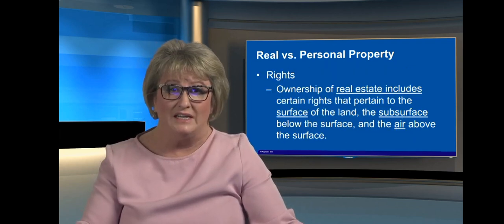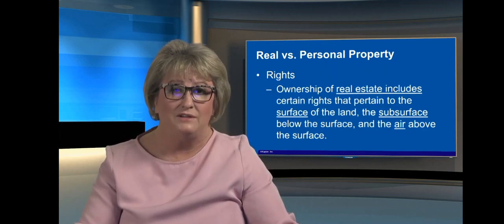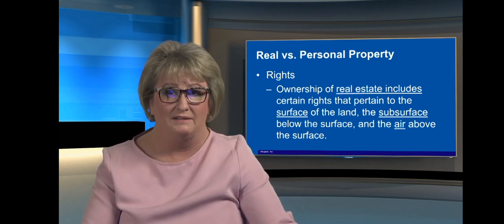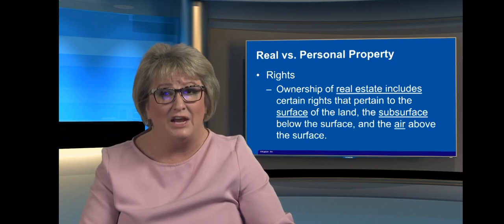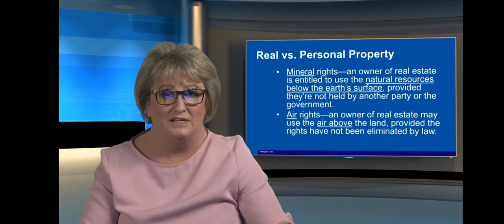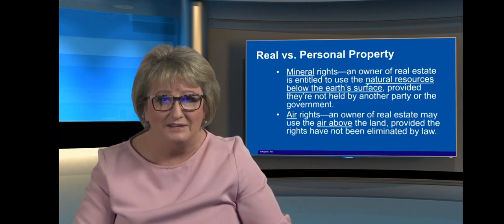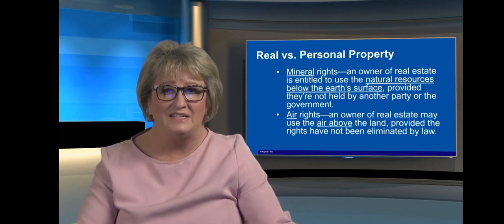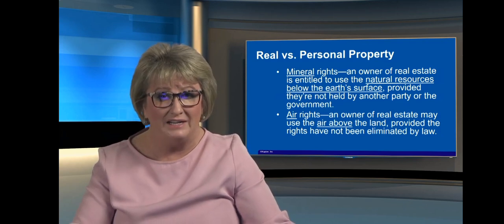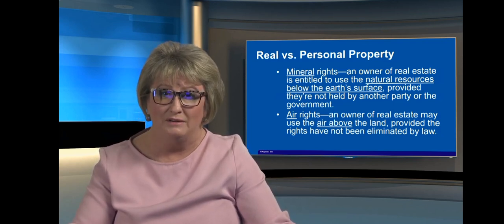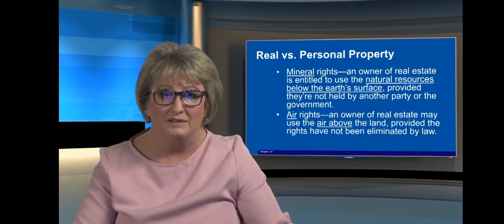Ownership of real estate includes certain rights that pertain to the surface of the land, the subsurface below the surface, and the air above the surface. Mineral rights: an owner of real estate is entitled to use the natural resources below the Earth's surface, provided they're not held by another party or the government.